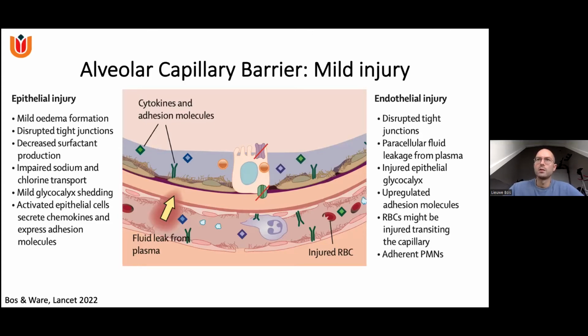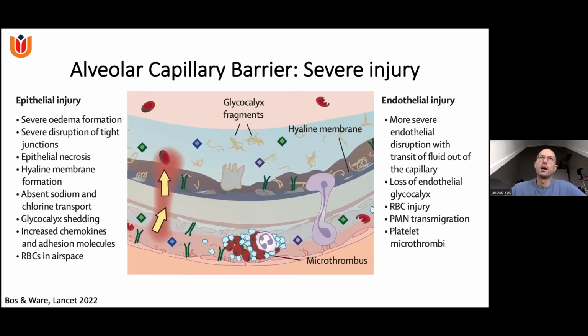This can, of course, progress into a severe injury of the alveolar capillary membrane, in the end resulting in so-called hyaline membranes, which are basically resultants from clotting within the alveolar space. So, a heavily injured lung with diffuse alveolar damage.